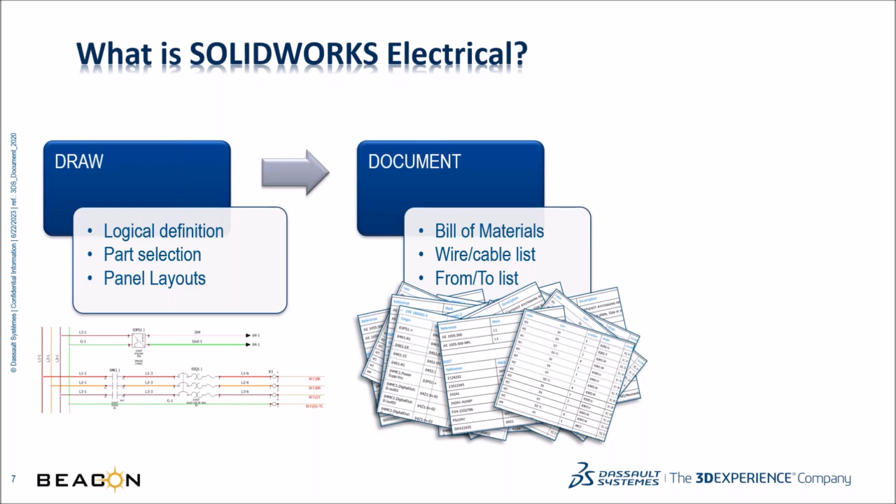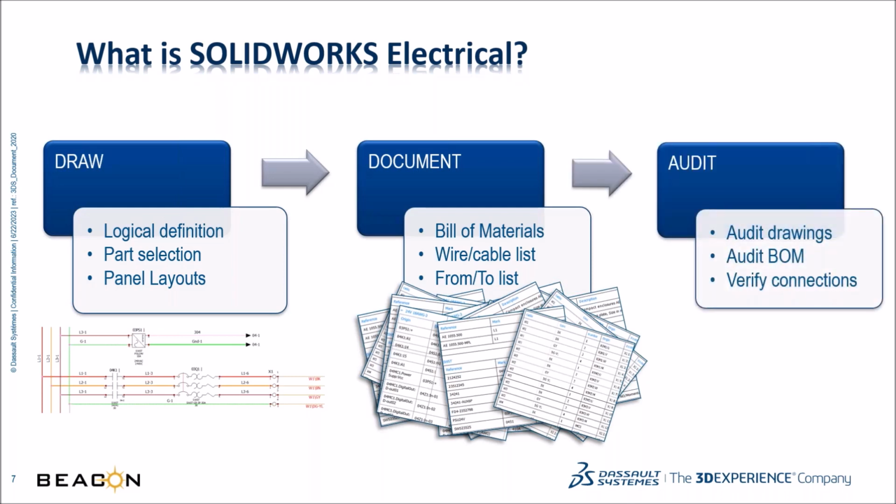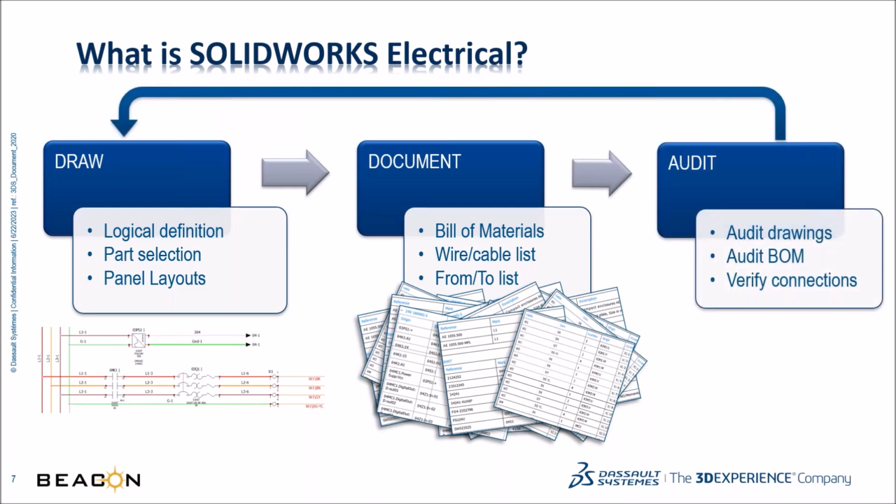Once you are done with the drawing and documentation phase, we must do the audit stage, because there are connections between the drawing and documentation phase. So we must check or verify these connections. This is a time-consuming step in a non-parametric tool.